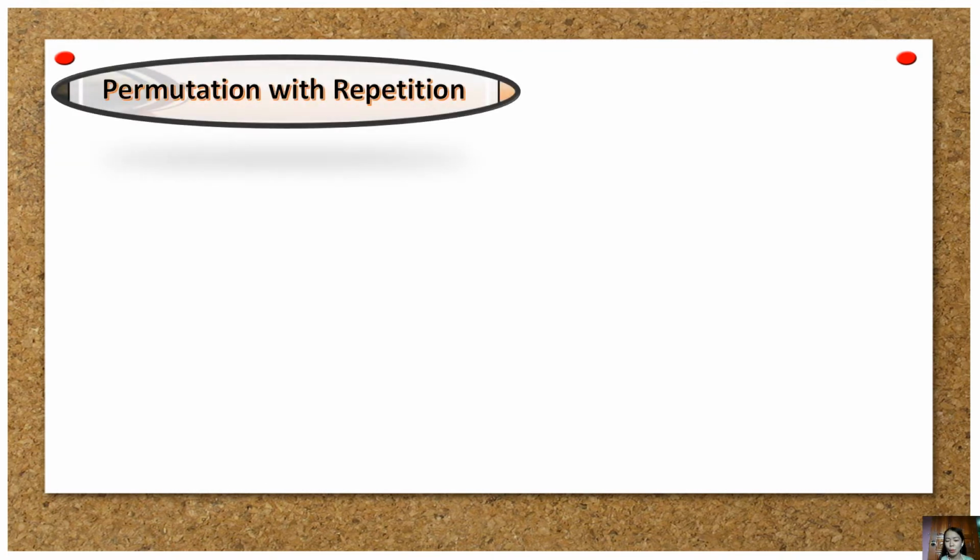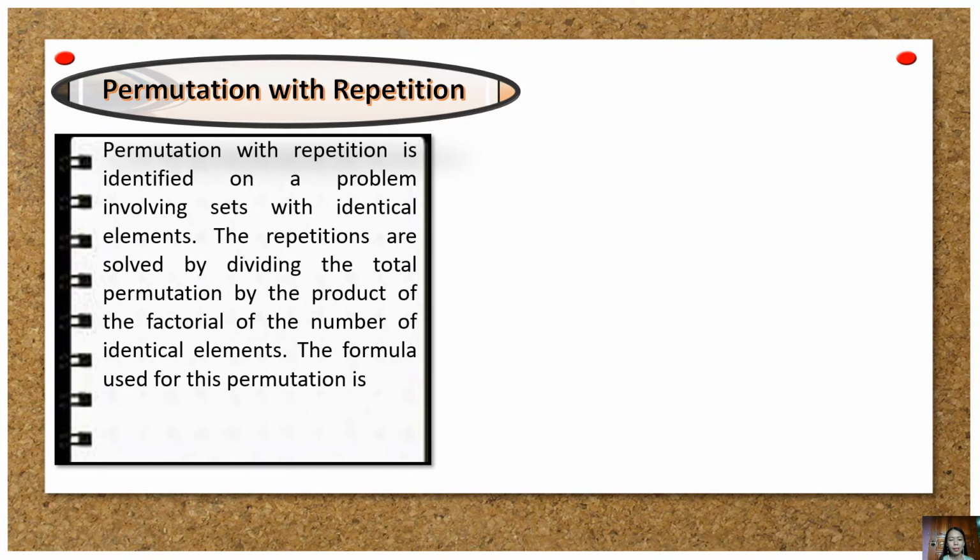Another is permutation with repetition. It is identified on a problem involving sets with identical elements. May pareho. The repetitions are solved by dividing the total permutation by the product of the factorial of the number of identical elements.